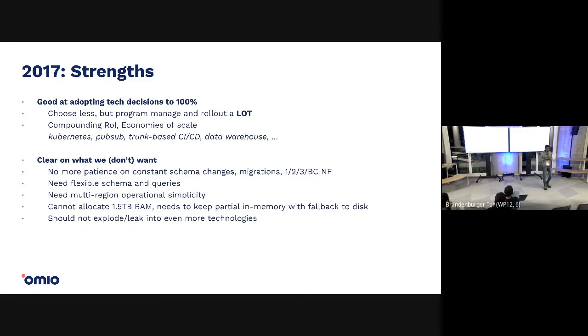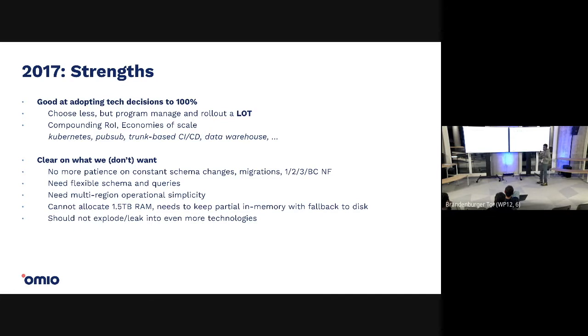We don't believe in just selecting something, doing a prototype and leaving it there, a "me too" kind of thing. If we choose something, we roll out, roll out, roll out, program manage, finish it.